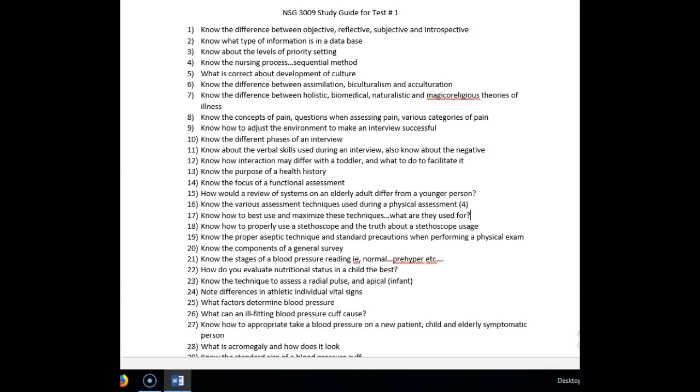Okay, so next, basically, you know what the purpose of health history is. The whole purpose of an assessment or a health history is to collect subjective data.